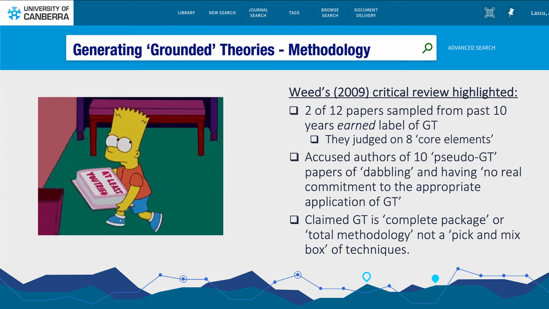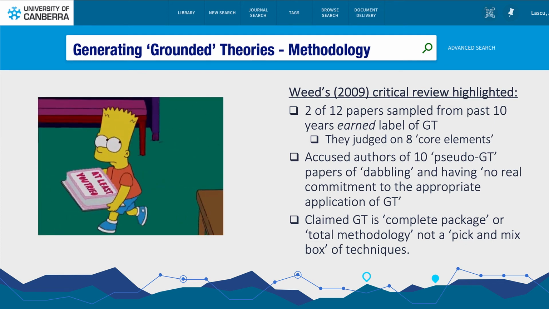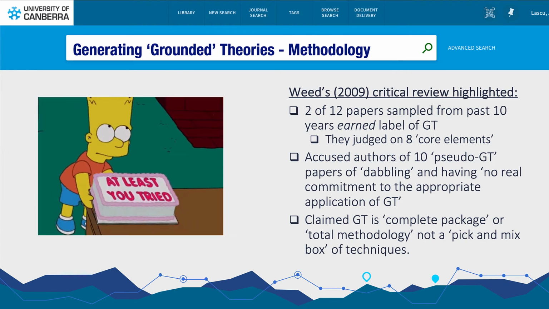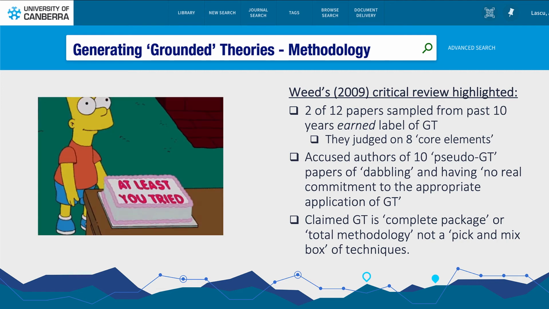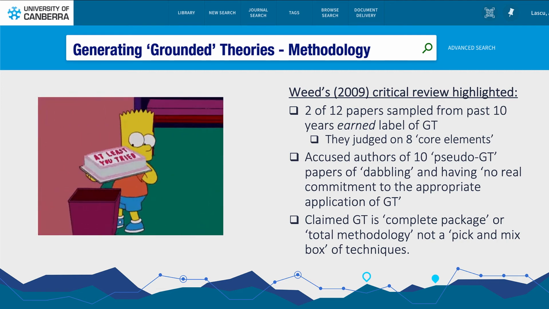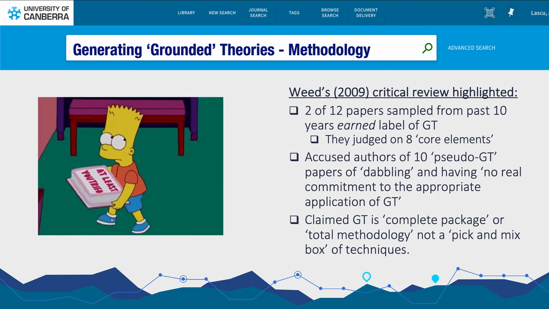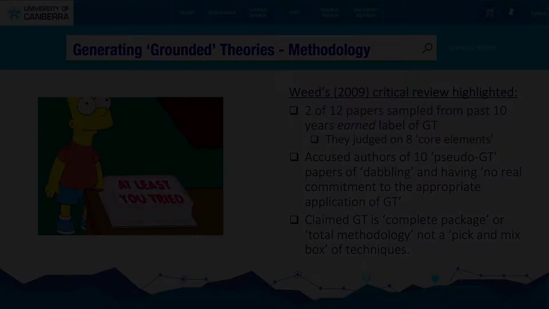These are probably the kinds of people who are just looking for a model to use when they're approaching qualitative research. They also claim that grounded theory is a complete package or total methodology, not a pick and mix box of techniques, which can be really difficult to grasp.